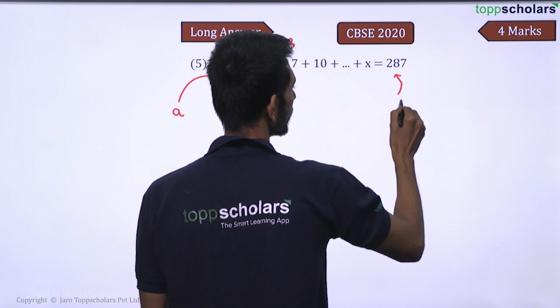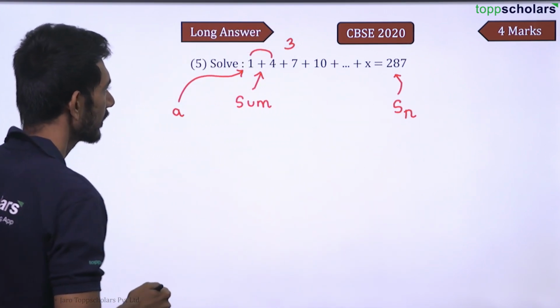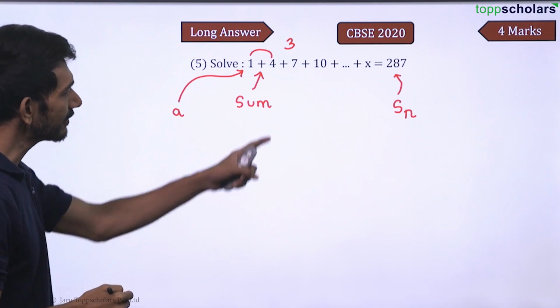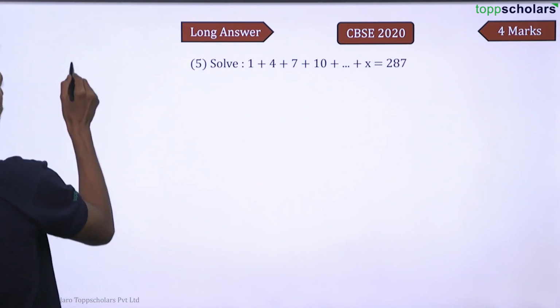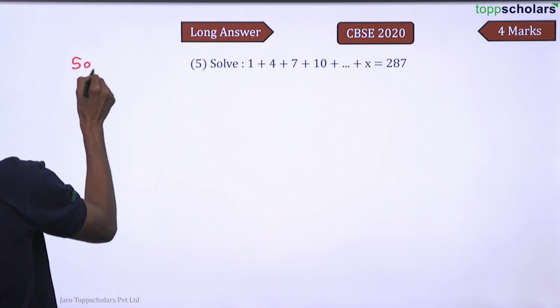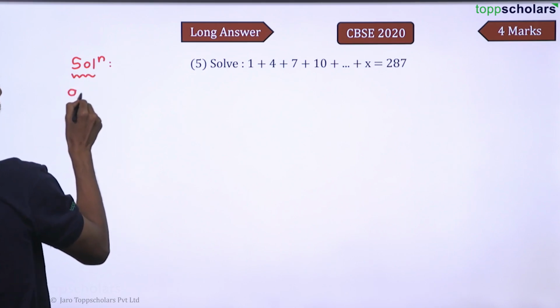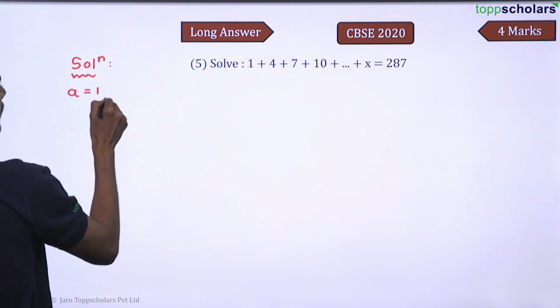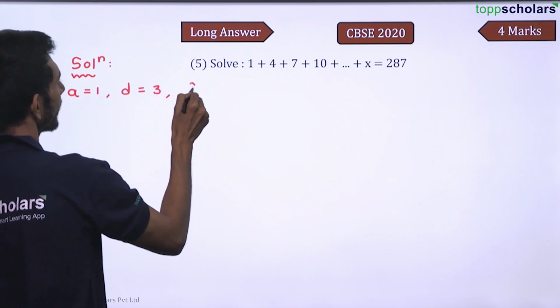This is the sum of first n terms, right? Sn. Correct? So Sn is 287. The question says solve. That means we are supposed to find out the value of x here. So what is a? We know that a is 1. What is d? We know that d is 3. What is Sn?